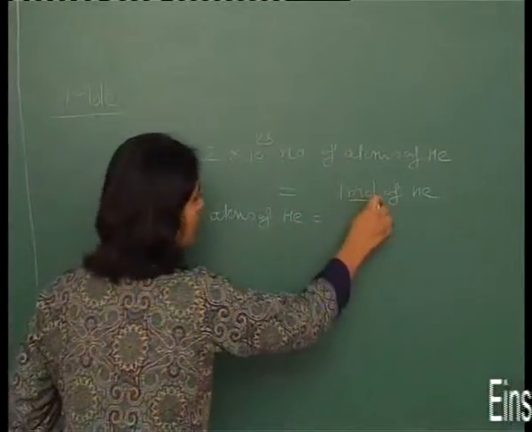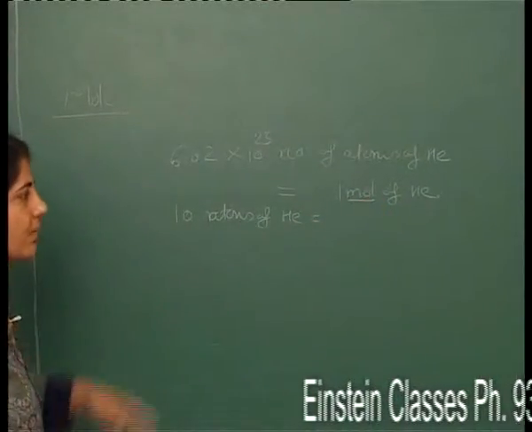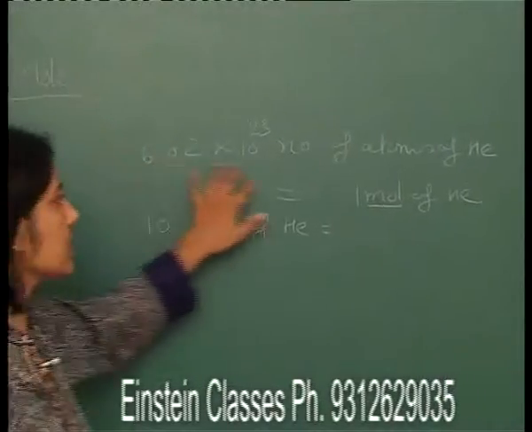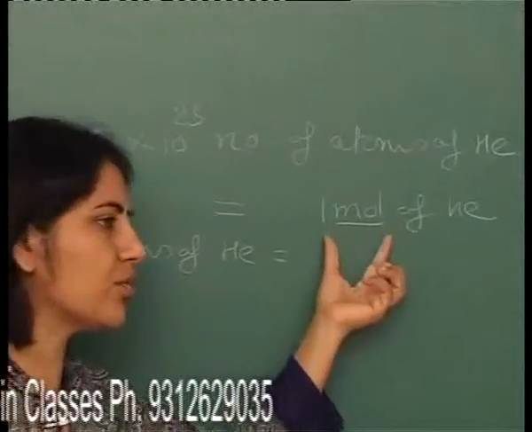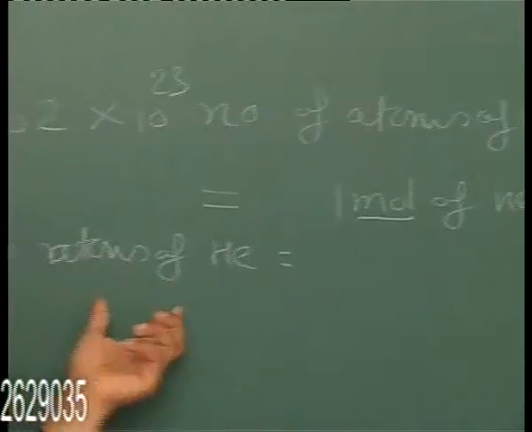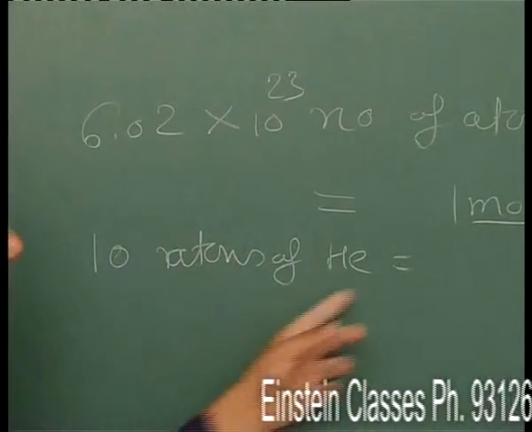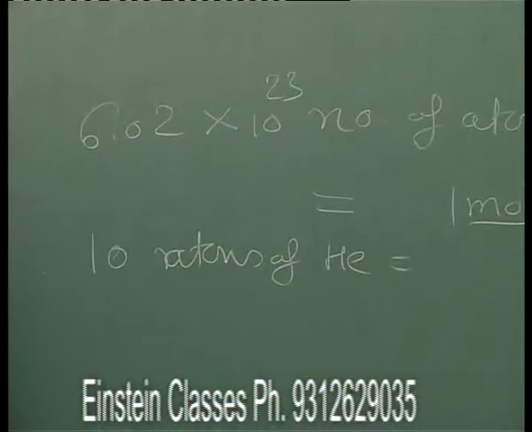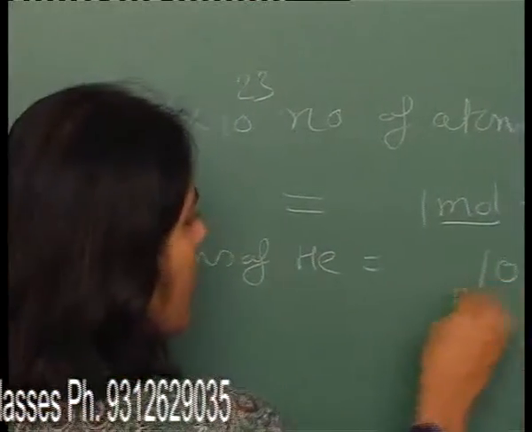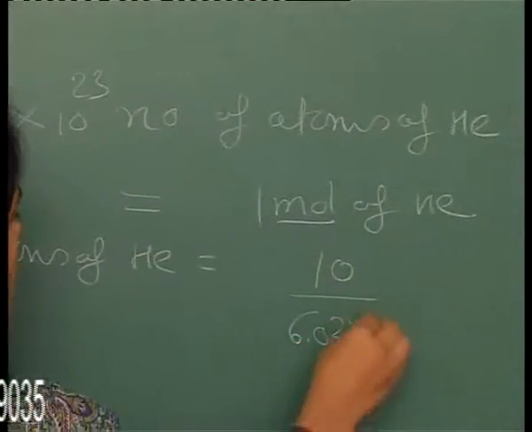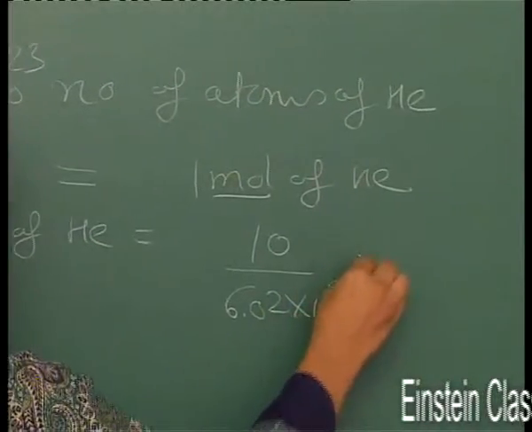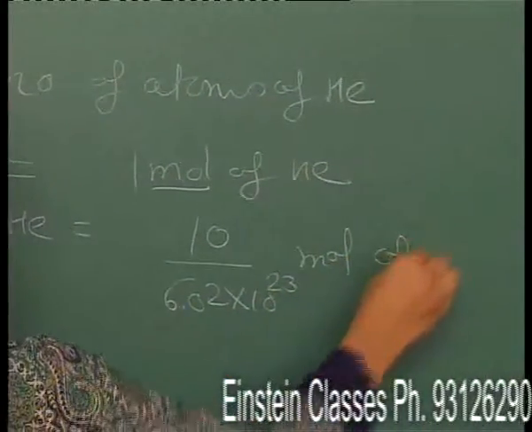We can calculate by the unitary method, that is 10 / (6.02 × 10^23) mole of helium.